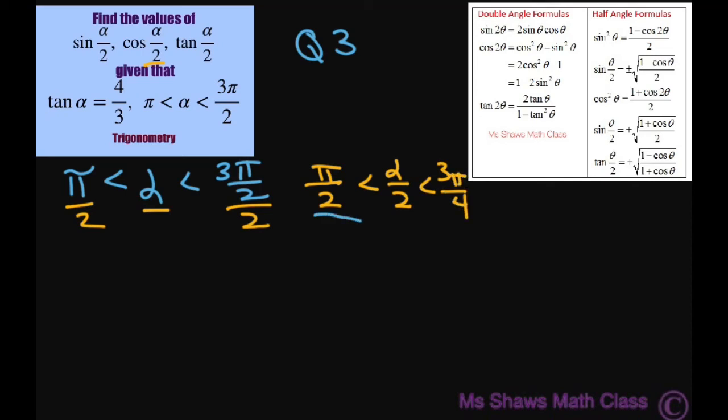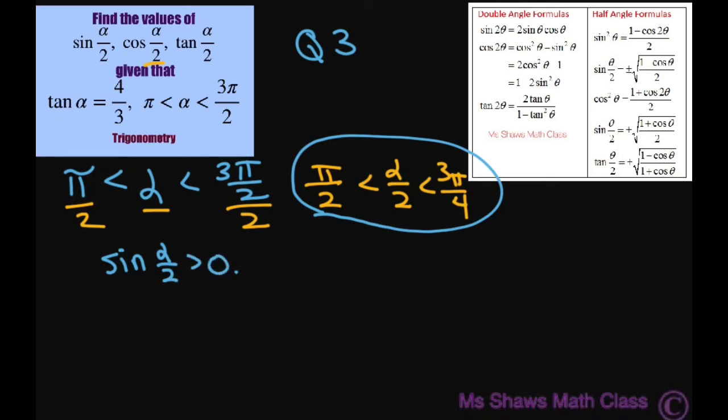In this range, my sine of alpha divided by 2 is going to be positive. My cosine of alpha divided by 2 is going to be negative, and therefore my tan of alpha divided by 2 is also going to be negative.